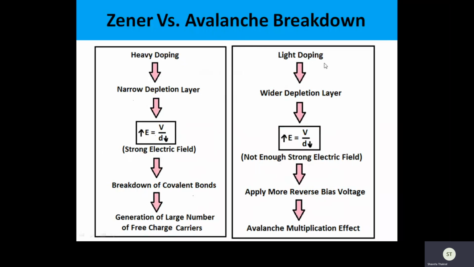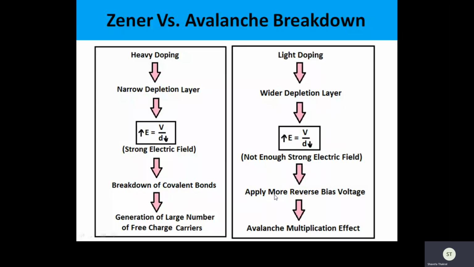But if we talk about the avalanche breakdown, here we have light doping, and light doping indicates a wider depletion layer. So if the value of D is less, E is more, and vice versa, if D is more, E will be less. And if E is less, that means a strong electric field cannot be produced.